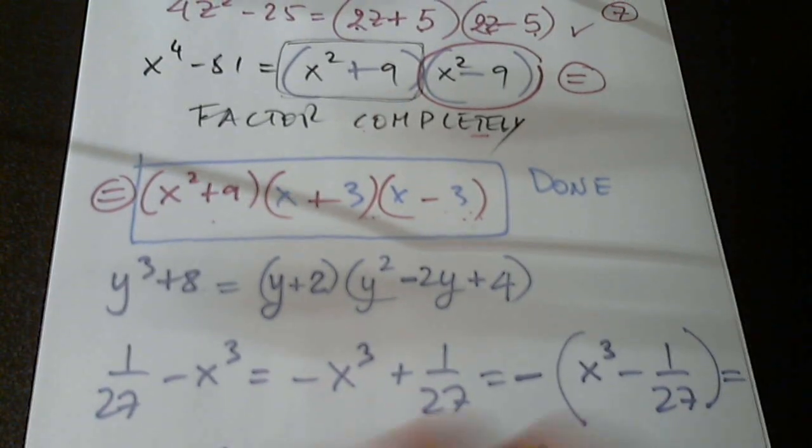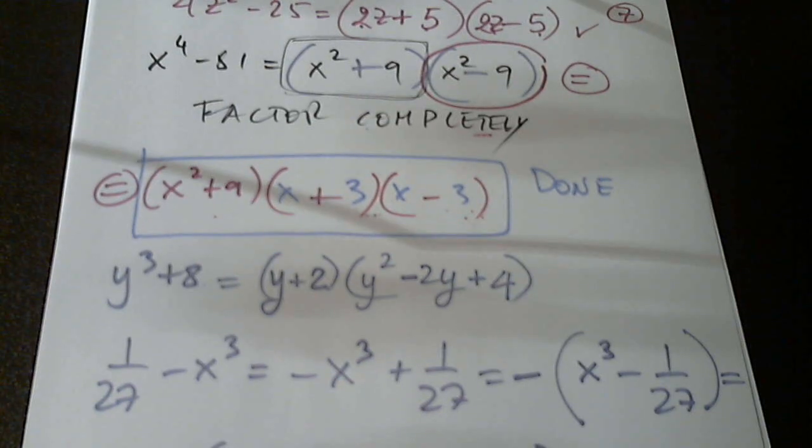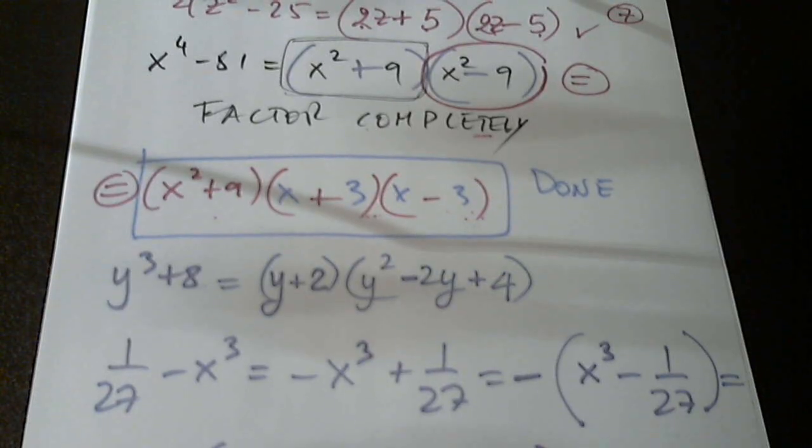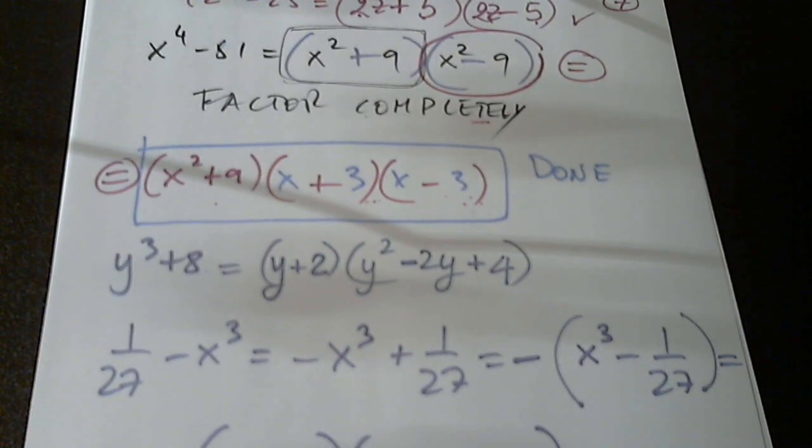What do I cube to get x cubed? x. Perfect. What do I cube to get 1 over 27? One cubed is 1. 3. Yes.